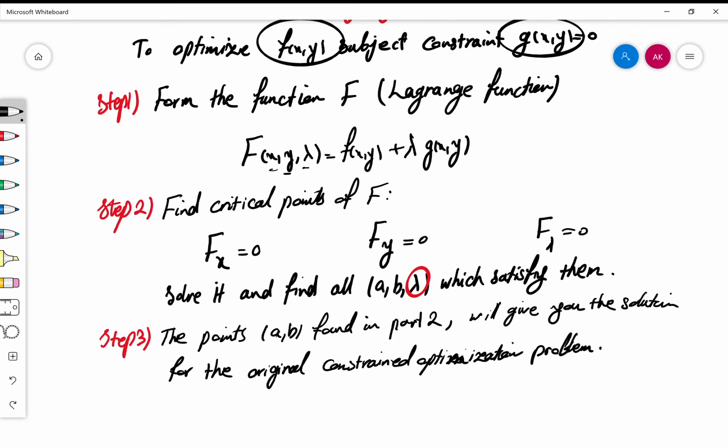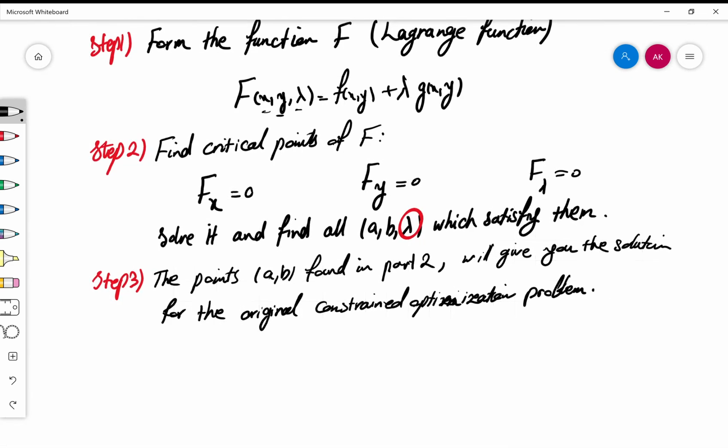So it's three steps, but step 2 will need a little bit of work.